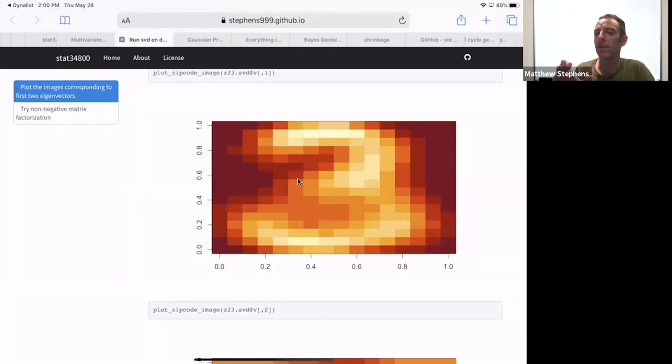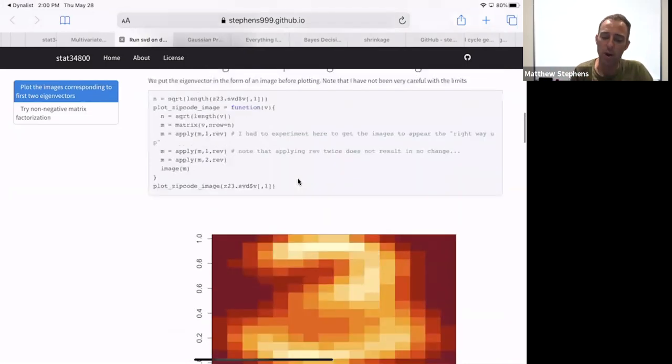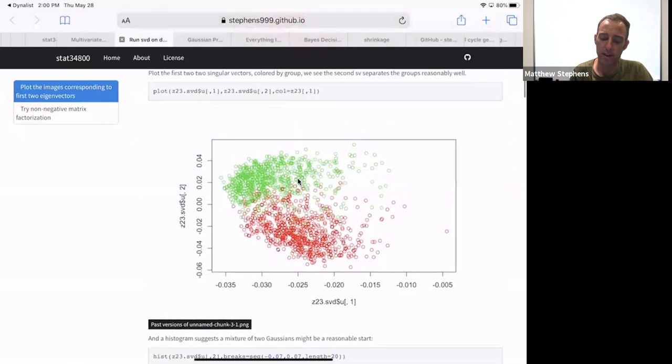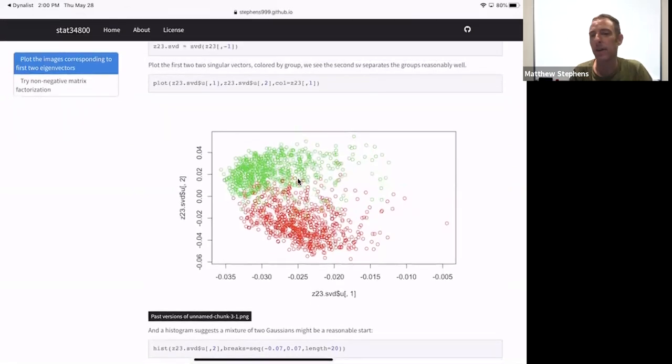Because if you really had to choose one image so that every image can be represented as a linear combination of one image, you're best just choosing the average and using a linear combination of essentially a constant. Which is why, roughly speaking, they're very similarly loaded on this first image.